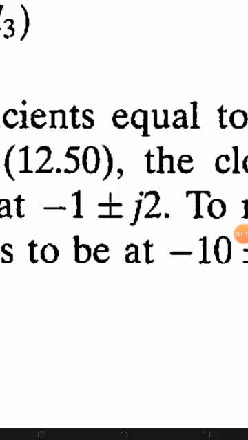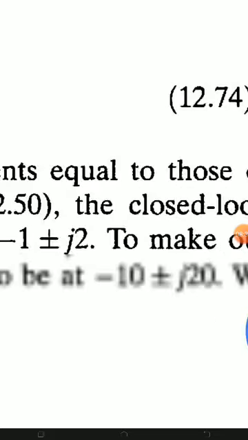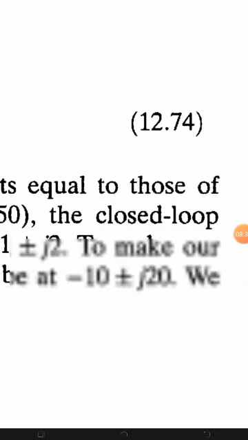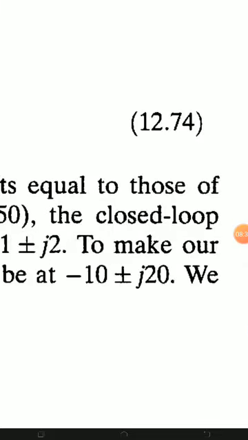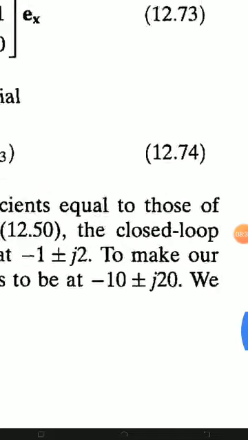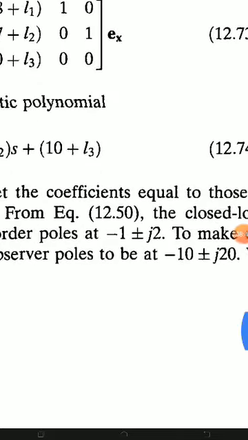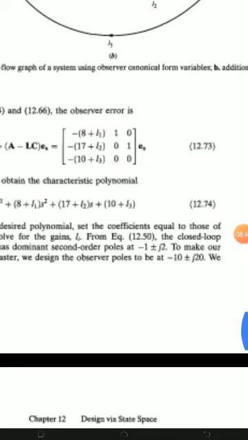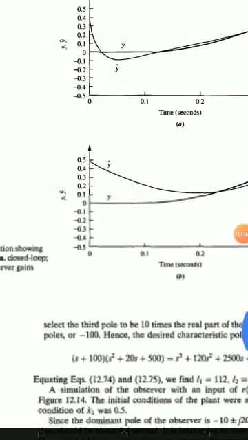As the observer will respond 10 times faster, just multiply by a factor of 10: 1 becomes 10, 2 becomes 20. So the new dominating poles are minus 10 plus or minus j20.